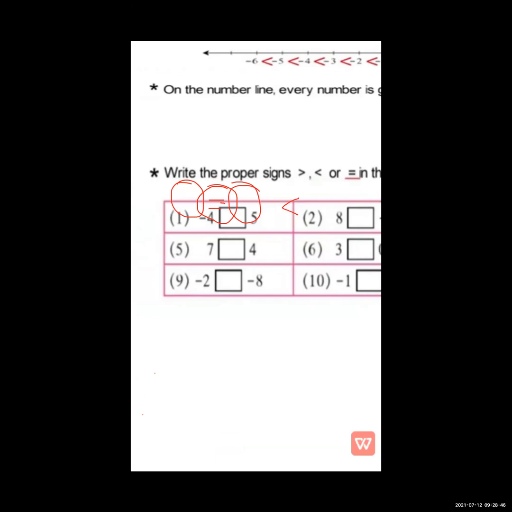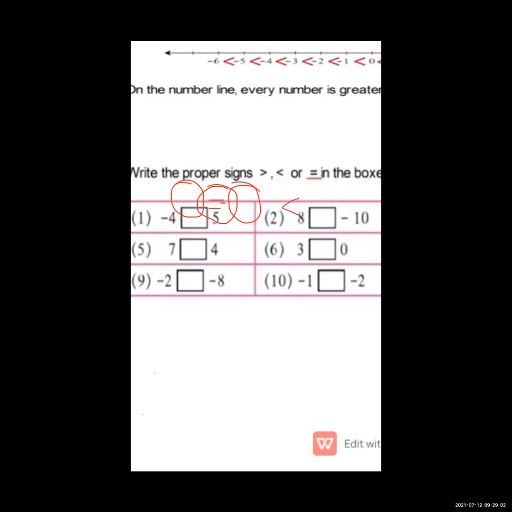Aman Patil, I have unmuted you. Aman Patil. Yes, ma'am. Yeah, beta. Give me the answer of fifth question and sixth question. Fifth, 7 and 4.